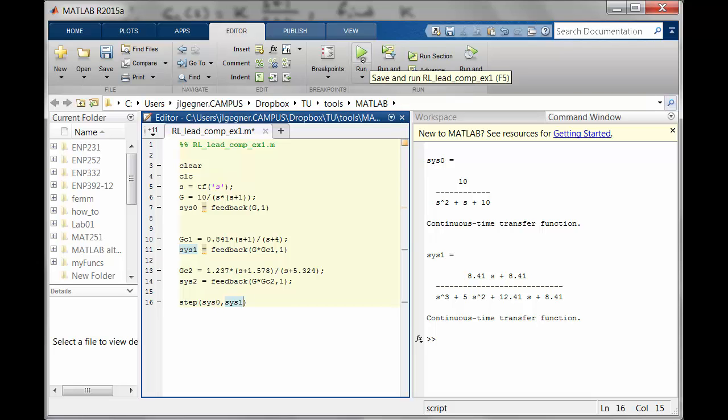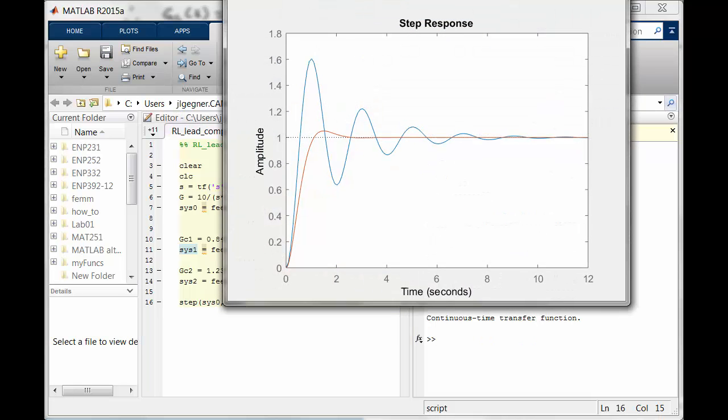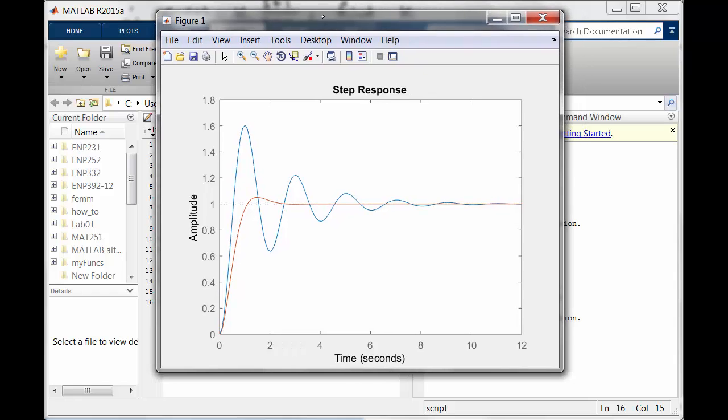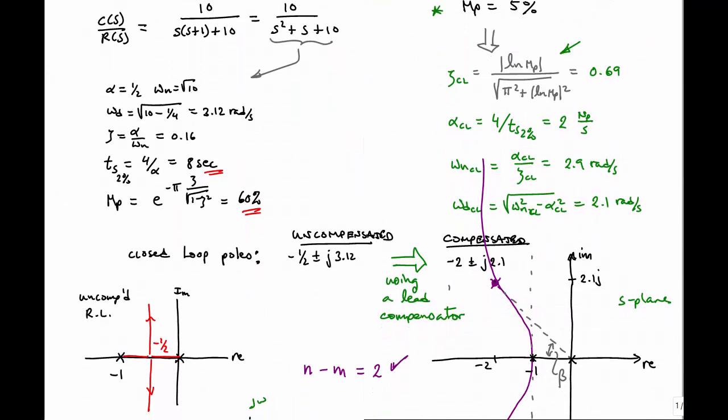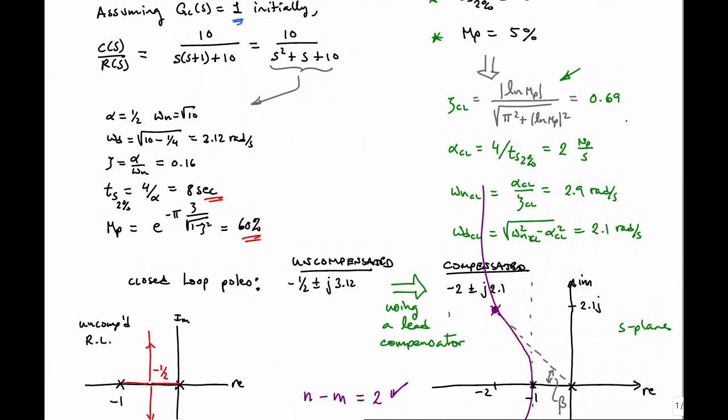Let's go ahead and run this and see what we get. Here's the response, and the uncompensated system is this blue. We see that it has an overshoot of 1.6, which we had actually predicted. Yes, 60% overshoot right here, 1.6.